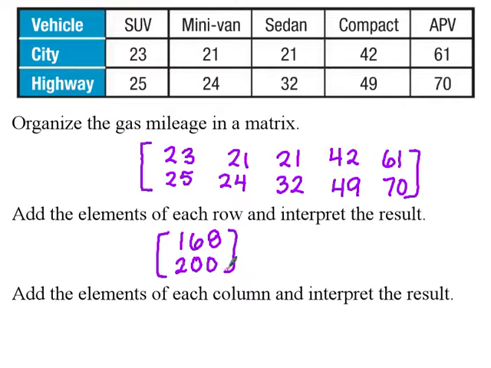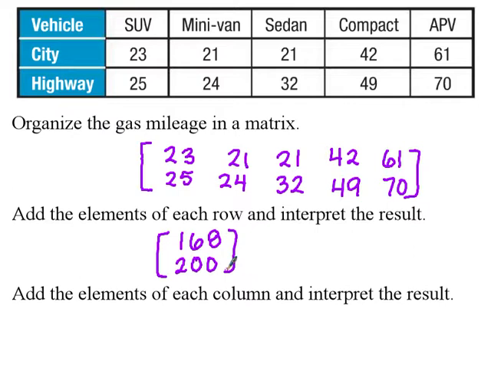Right, the city total miles per gallon if you add up all of these vehicles. Okay, because it didn't say to divide it, it just said to add them up. So it would be the total city miles per gallon for all of these vehicles. Row 2 would be the total highway miles per gallon for all of those 5 vehicles.